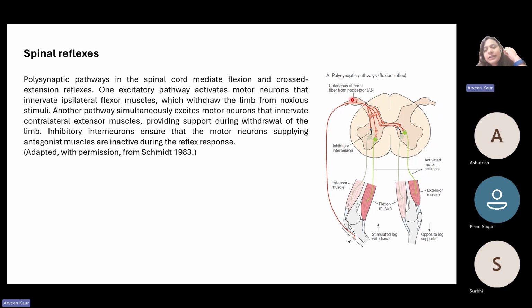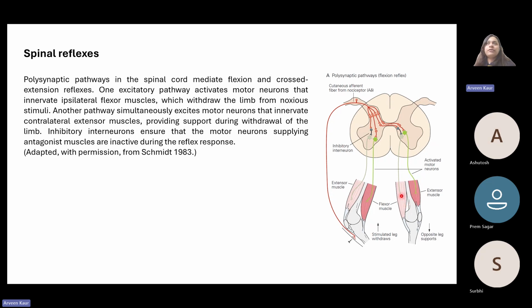What it is doing is taking it to the cell bodies in this lateral horn region of the spinal cord, where the cell bodies of these motor neurons are, right? What it is doing is further taking this information and giving information to different kinds of muscle, right?